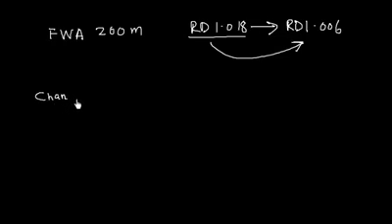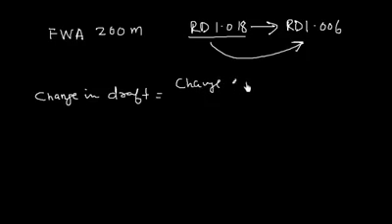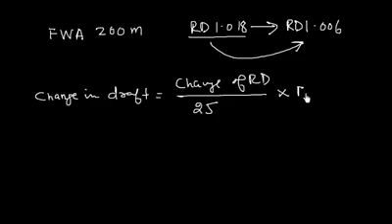Well, we have just calculated this. The change in draft is going to be change of RD divided by 25 multiplied by fresh water allowance. Now the change of RD is 1018 to 1006, multiplied by 1000.